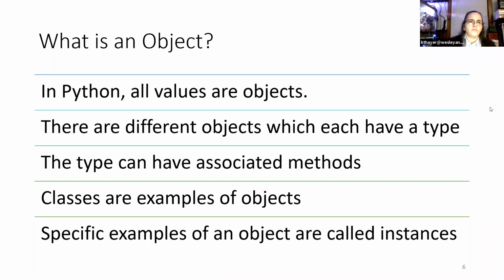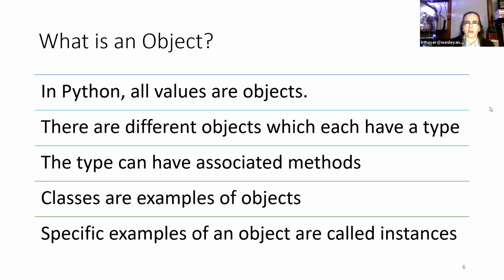So what is an object? In Python, all values are in fact objects. You may not have known that so far, but most of the things we've been working with in Python all along are in fact objects. There are different objects which each have a type, and the type can have associated methods. We've actually seen this already, for example, strings.